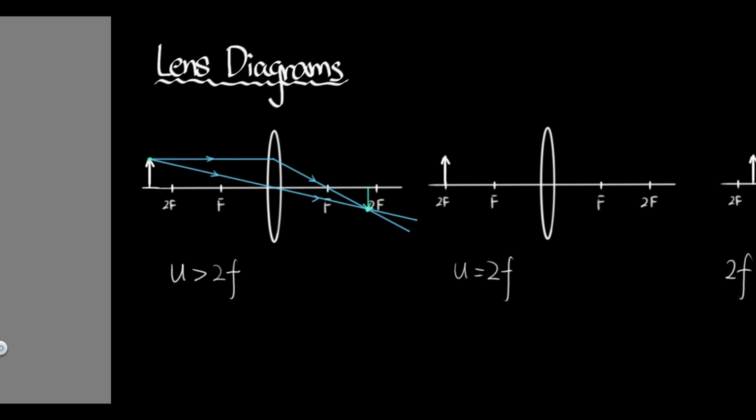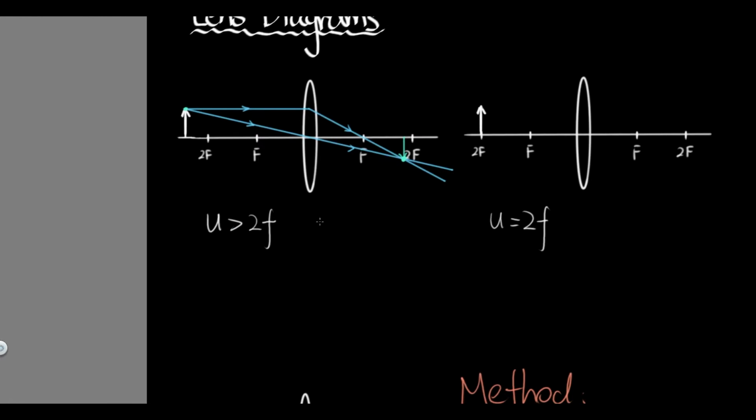All right. So as we can see, although not very clearly, but it's good enough, we can see that first of all, the V is between f and 2f. We use V here to stand for the image distance, or the distance between the image and the center of the lens. So it's this distance right over here.